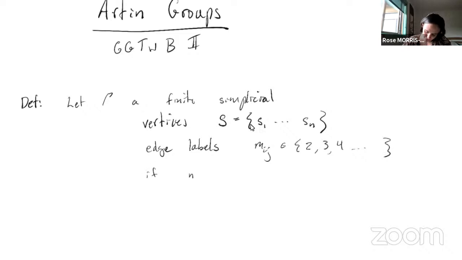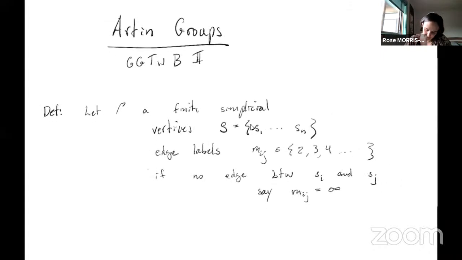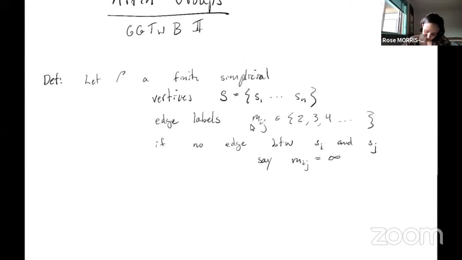And then if there's no edge between Si and Sj, we say that Mij is equal to infinity, just as sort of notation there. And then this graph is going to help us encode a group presentation.